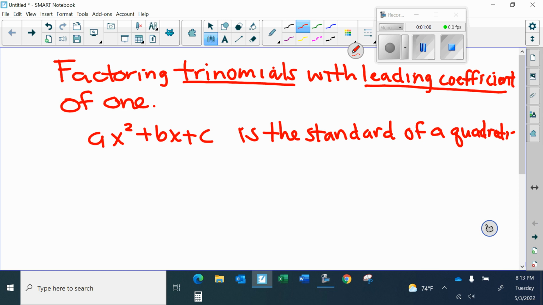Okay, so if it's not given to you in standard form, you need to rearrange it. Now, what makes it a quadratic? Quadratic means the highest degree of any of the terms here is 2. So that term, remember terms are separated by plus or minus signs, that term has degree 2. So that's called the quadratic term.